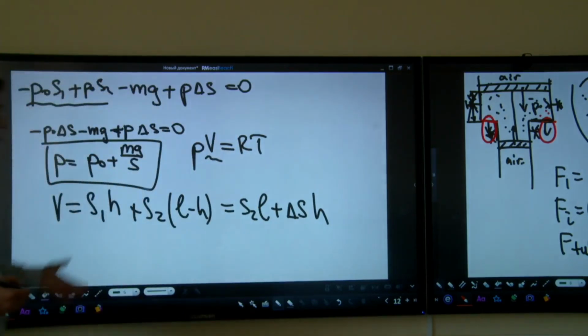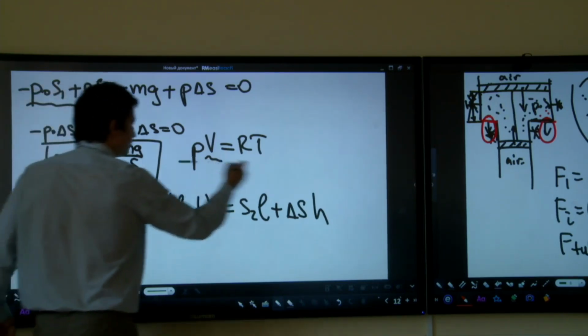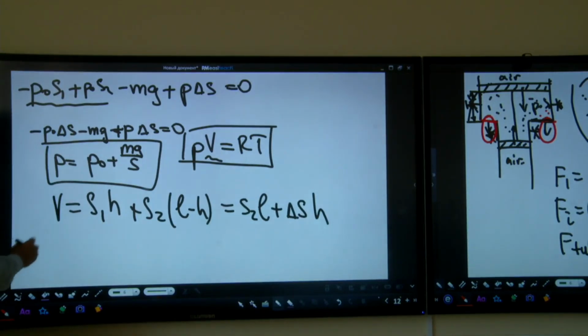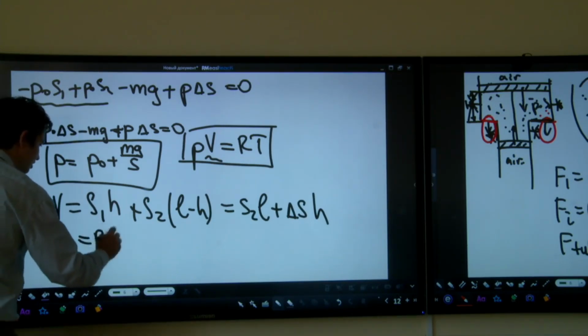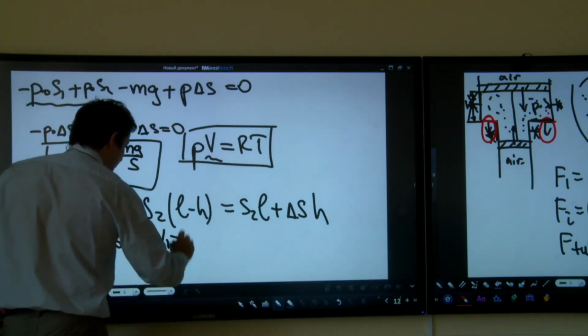I increase the temperature, I increase this increment. So, okay, I can write as follows. Since PV equals RT, then in the initial state, PV0 equals RT0. In the final state, PV1 equals RT1.